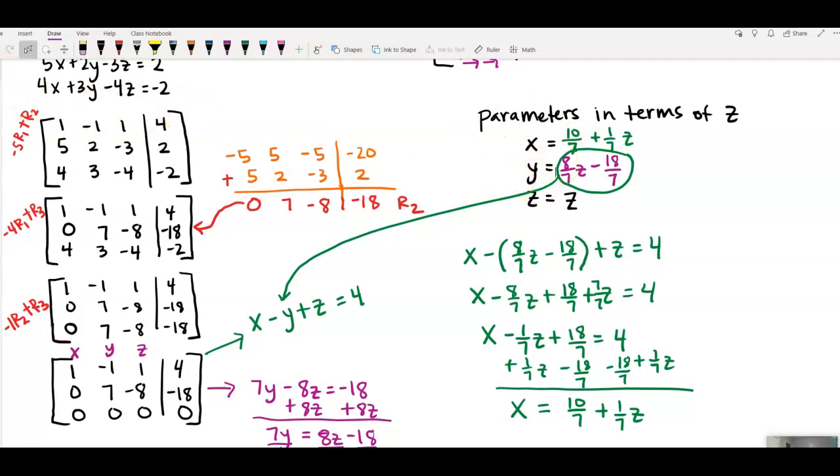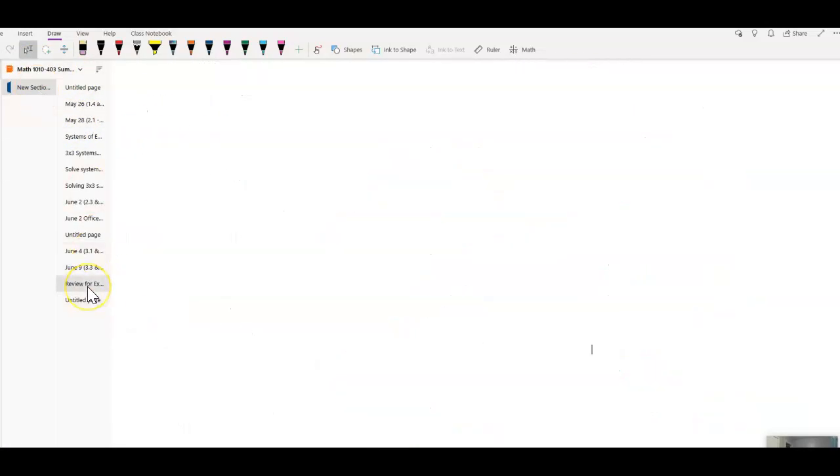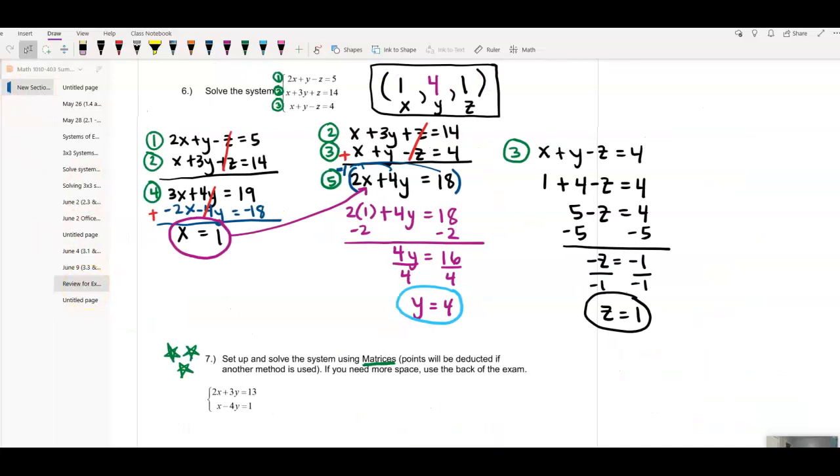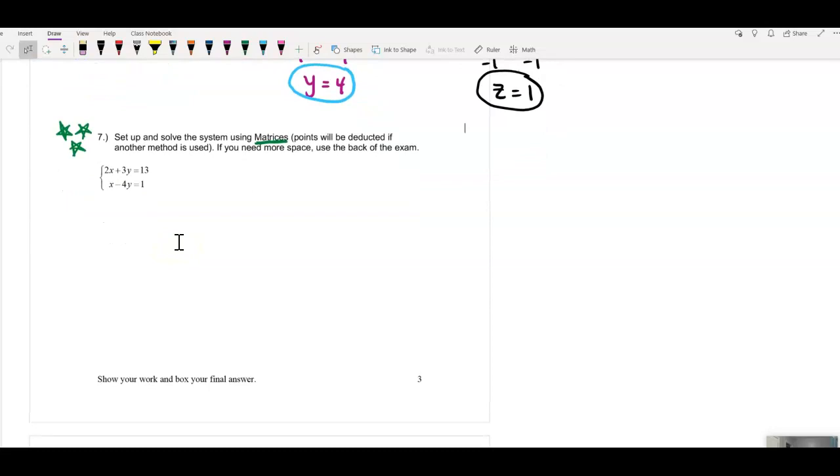So, good. All right, well, let's go back to that other review, and we are about halfway through it. We just did matrices with the 3, so I might skip this one.